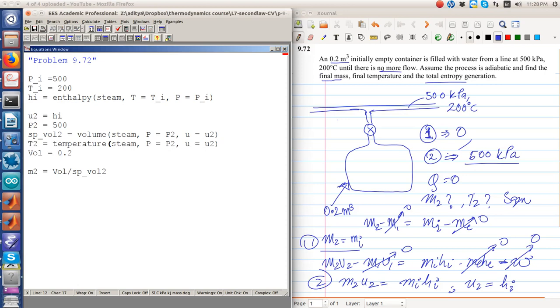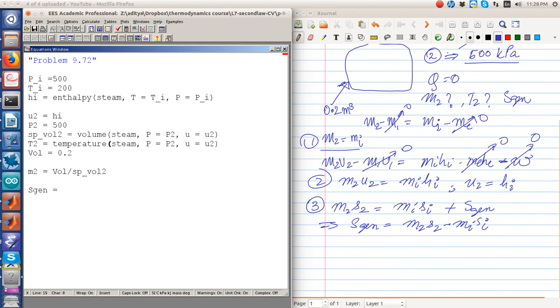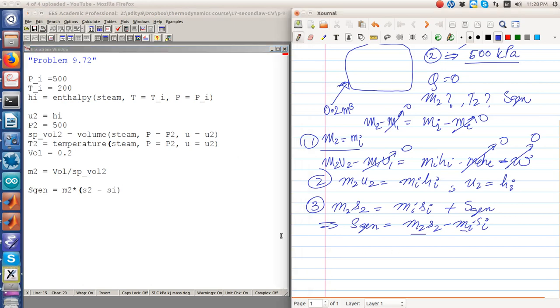That's easy. What is the total entropy generation? So the entropy generation S_gen, as we found out in this equation, is equal to m2 multiplied by s2 minus si, because here m2 and mi are equal.